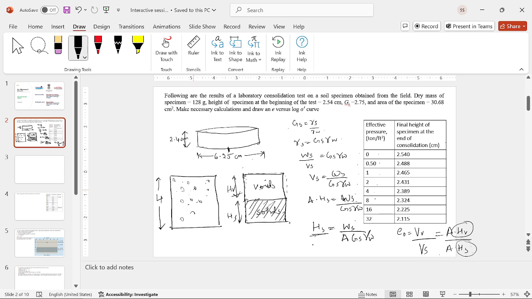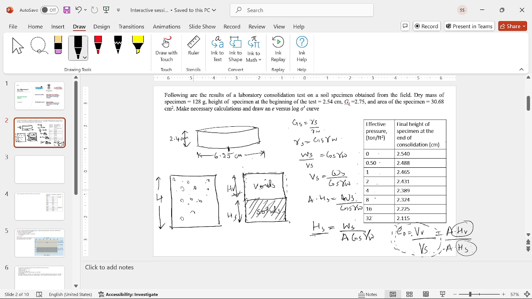Why we are talking about height is because the sample is cylindrical, it's symmetric, so the area of both sections is the same. So we can cancel that, and we can calculate the void ratio using height itself. Void ratio is equivalent to volume of voids over volume of solids, which will be height of voids over height of solids.